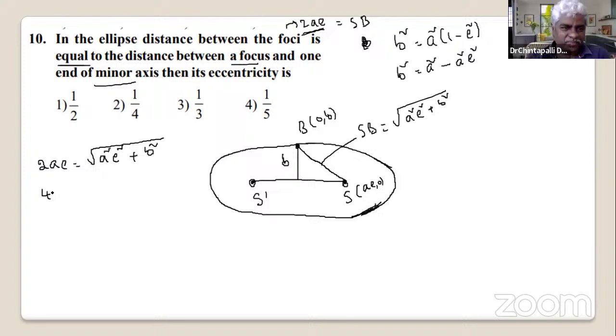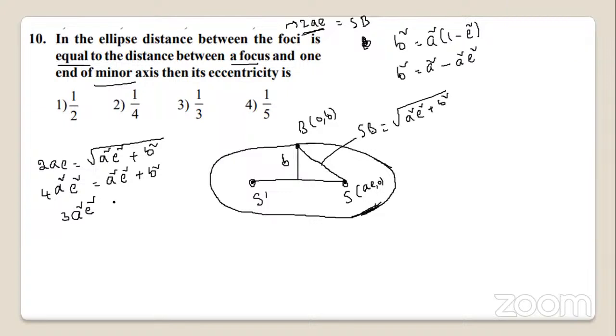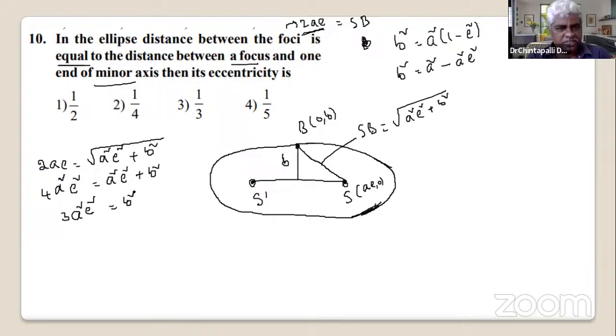Okay, simply. 4a square e square is equal to a square e square plus b square, right? Now, what is the conclusion? 4a square e square minus a square e square will become 3a square e square, equal to b square.